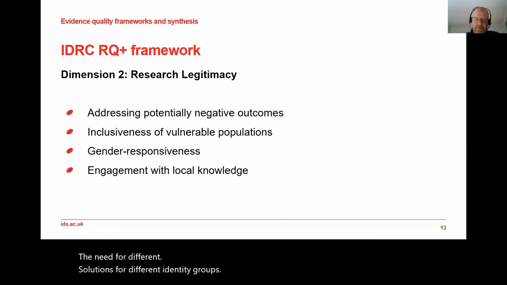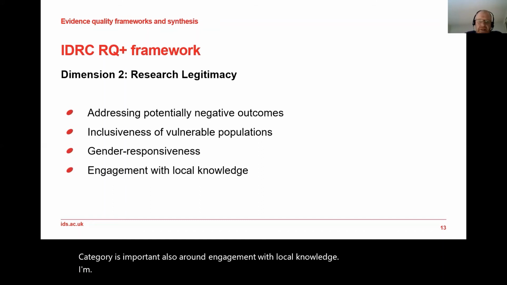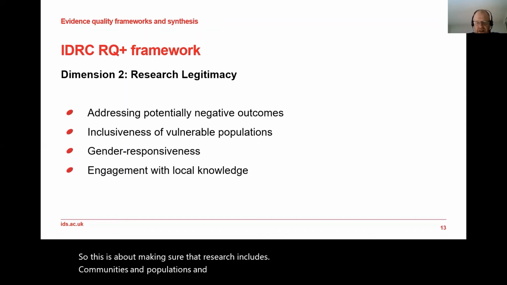And then that final category is important also: engagement with local knowledge. This is about making sure that research includes communities, populations and local research organisations in the research in an appropriate and credible manner.